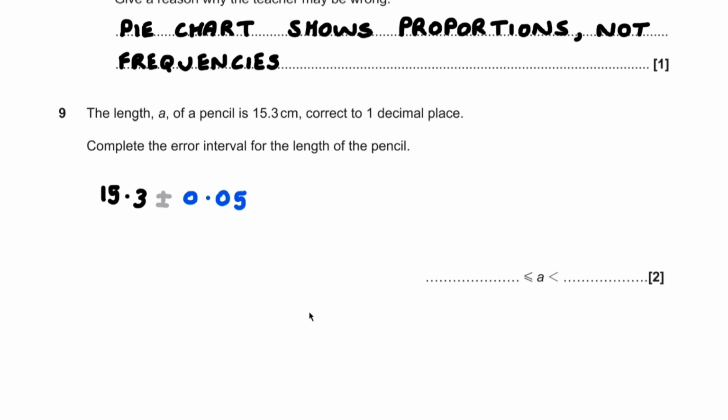So for my lower bound, I've got 15.3 subtract 0.05, which is 15.25, and then I've got 15.3 plus 0.05, which is 15.35.